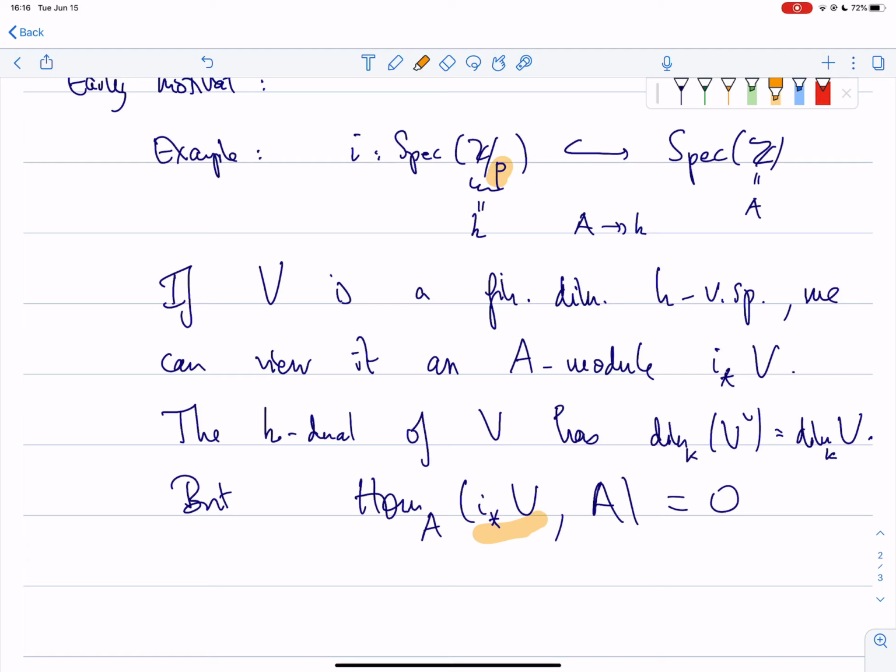So if you have any element here, it will be killed by P, so it will land in the elements killed by P in A, but there's nothing killed by P in A except 0. So that forces this dual to be 0.